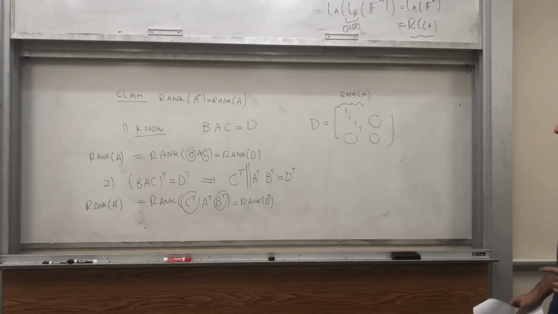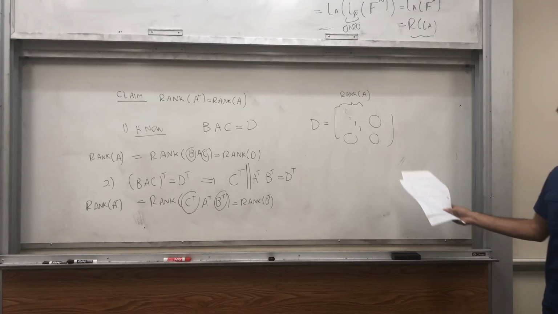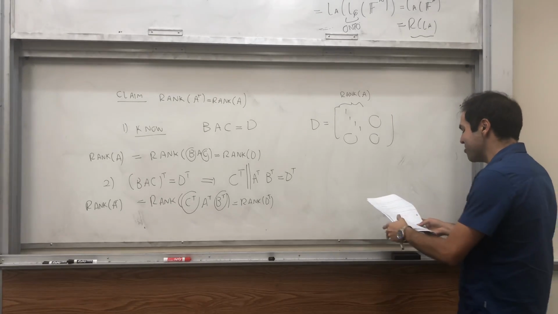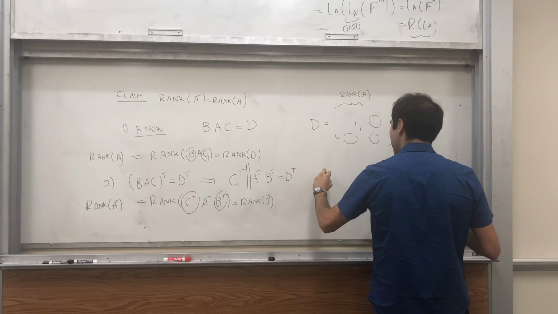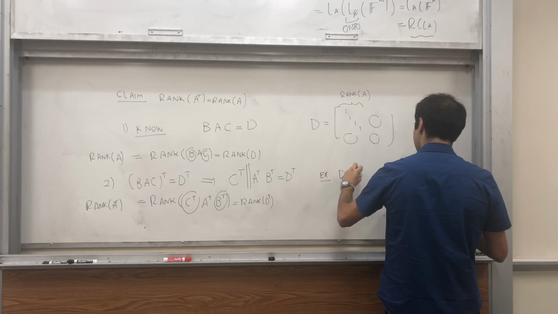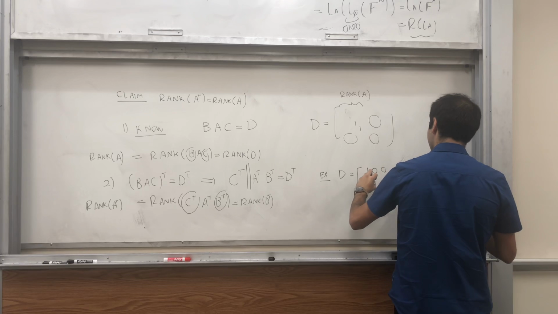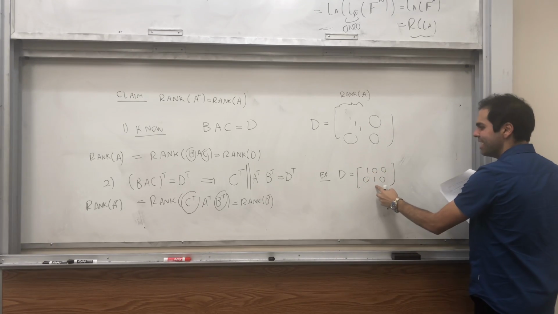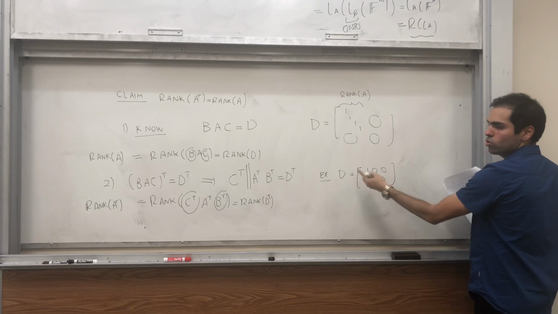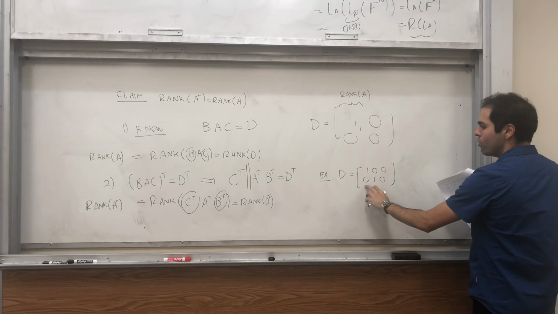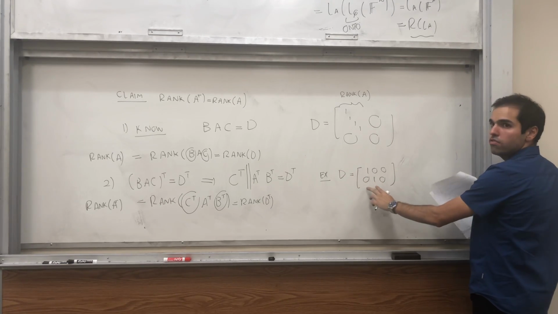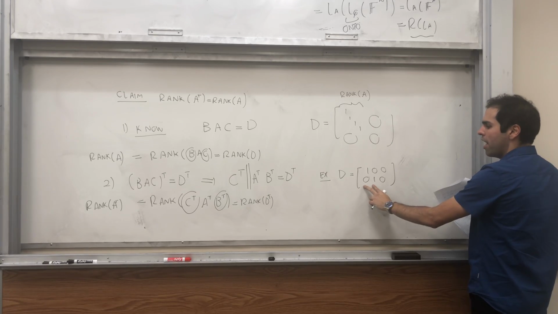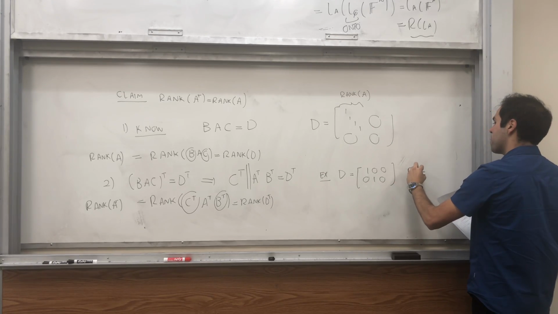All right, I kind of think it's obvious. I don't know about you, but for example, if D is 1, 0, 0, 0, 1, 0, then the rank of D, and the point is those ones stay where they are, the rank of D, if you want, is the dimension of the column space, for example, and in that case it would be 2.